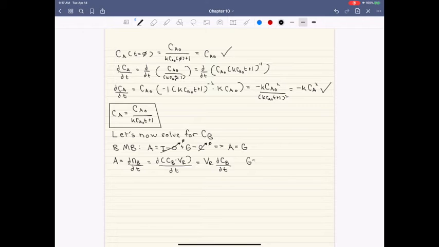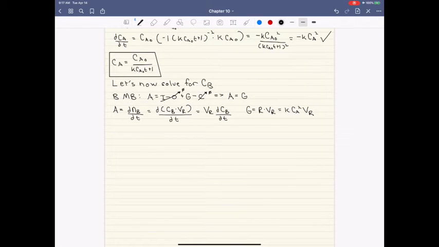Our generation term is still just going to be the reaction rate times the volume, so what we'll get is k CA squared times VR. Alright? And so we'll put everything back into our material balance. So what we have is VR dCB dt is equal to k CA squared VR. The VR's cancel, and what we have now is dCB dt is equal to k CA squared.